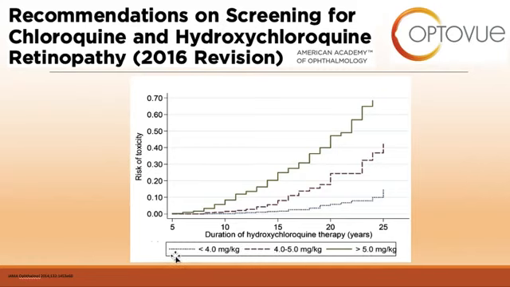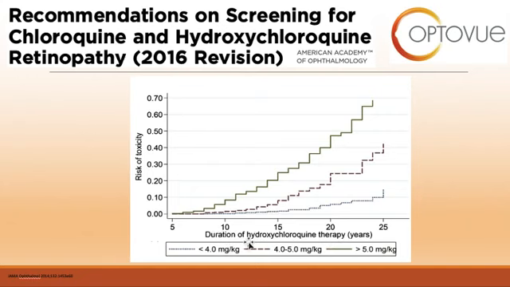The blue dotted line means the patient is taking less than 4 milligrams per kilogram. The purple hash line is 4 to 5 milligrams per kilogram, and the green line is greater than 5 milligrams per kilogram.